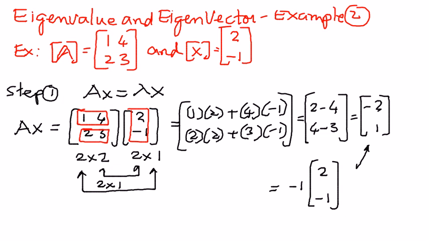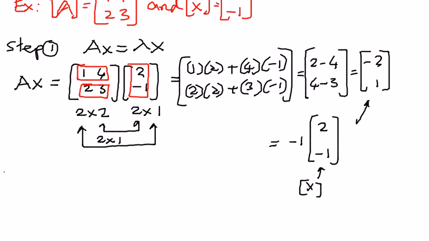So if I were to look back at the original expression, the value of X is 2 and -1, and this is our given vector X, isn't it? That is our given vector X. And we can also observe in here that this -1 is the eigenvalue, which is represented by lambda, and that is -1.